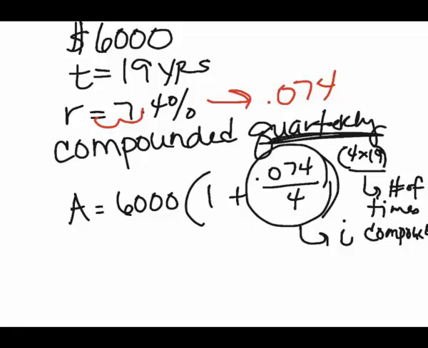Now, you can break this down piece by piece if you don't have a calculator, like a TI calculator. You know that 19 times 4 is 76. 1 plus 0.074 divided by 4. So now I have 6,000 times 1.10185 raised to the 76th power.